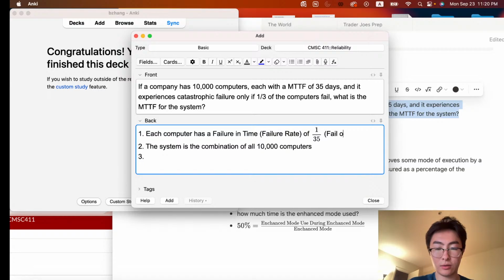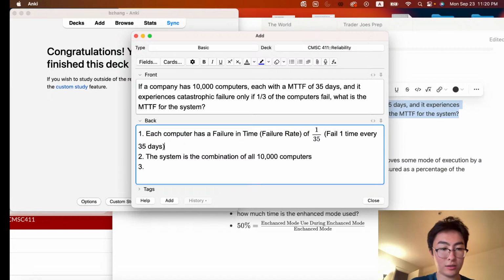Fail 1 time every 35 days. It's the combination of all 10,000 computers.